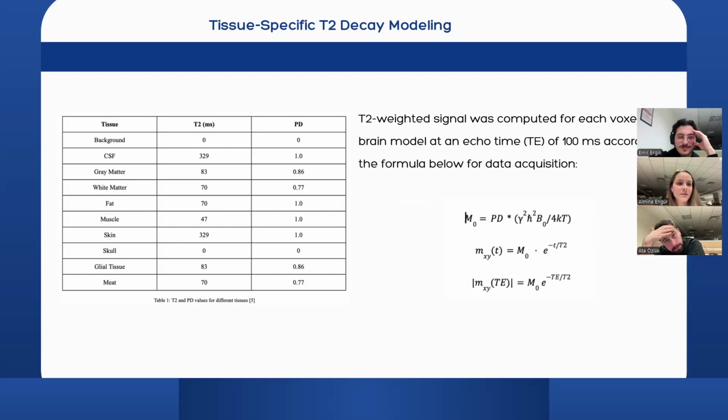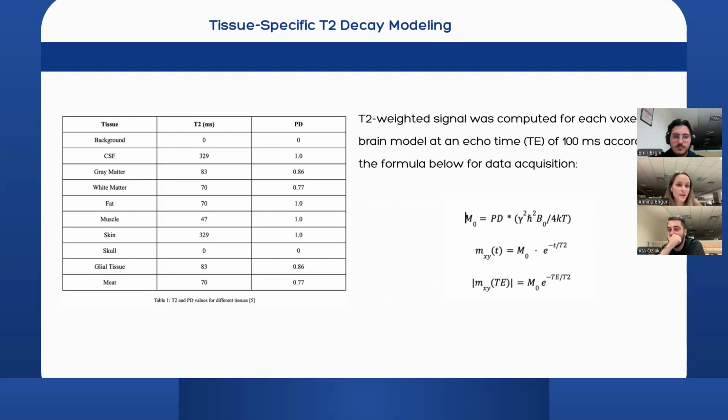Now I will talk about the tissue-specific T2 decay modeling. The tissue-specific values were assigned to the brain images downloaded from BrainWeb, and they ranged from 0 to 10. Based on these data, we assigned unique T2 values to each tissue and constructed the T2 map. Also, since we obtained the T2 values and proton density values from BrainWeb, we were able to calculate the M0 values.